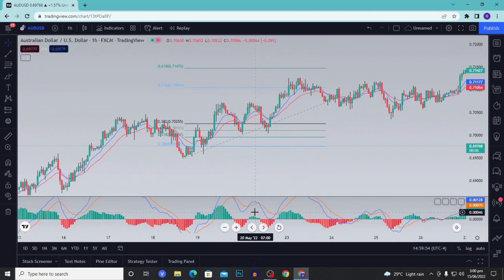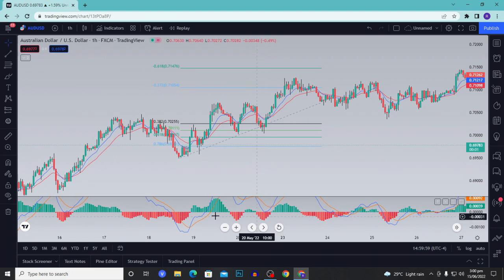In this case, since we're looking for a buy, we want the MACD line to be below the 0 point and then for it to cross above for a buy entry. And we also want the EMAs to cross, or for the blue EMA to be above the red EMA, in this case the 10 EMA to be above the 20 EMA.